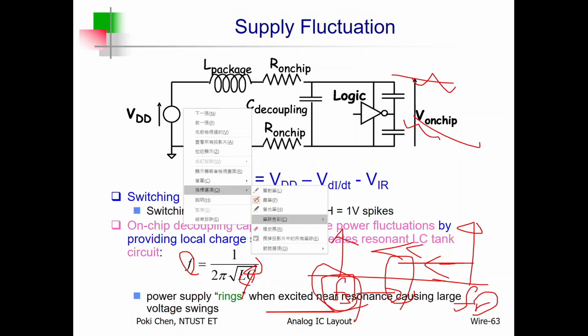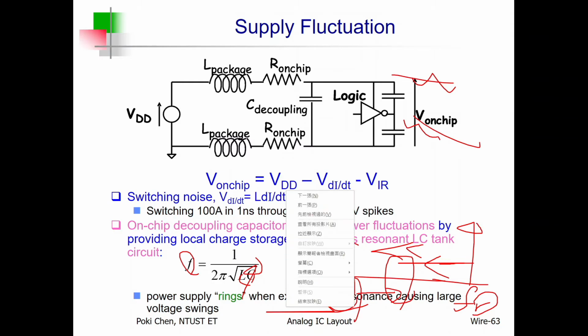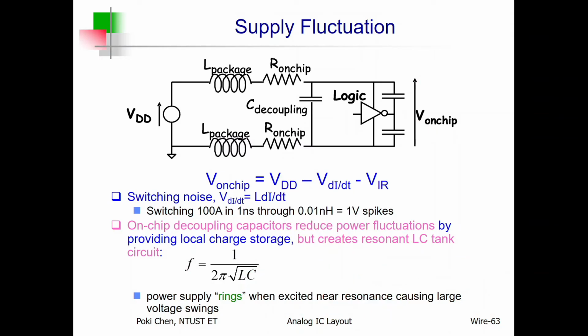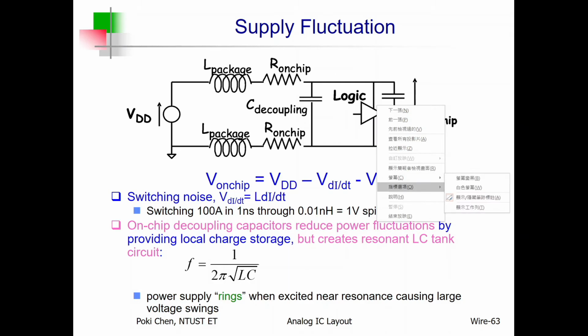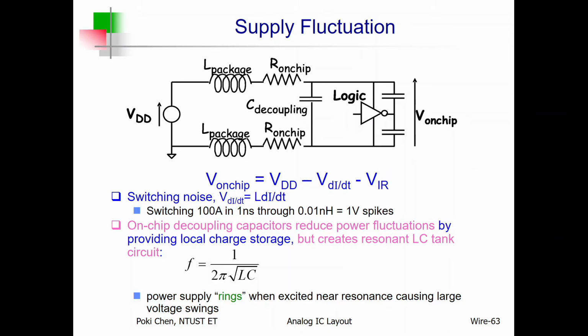I would like to highlight the problem again. For the current situation, we need to face more and more LC. It means the resonance frequency is actually lowered. However, the operation frequency of the chip is increased.